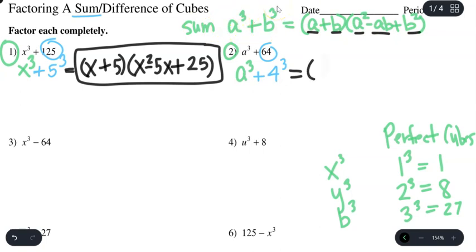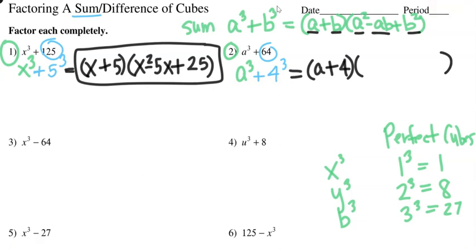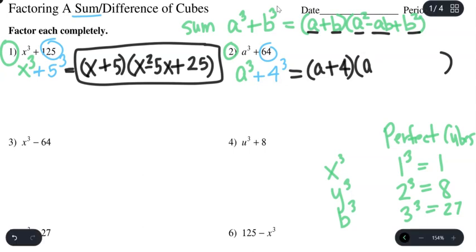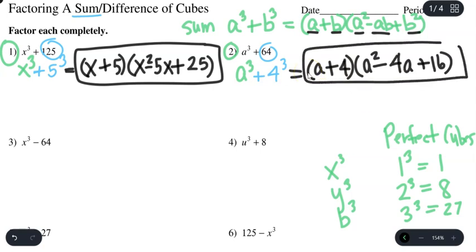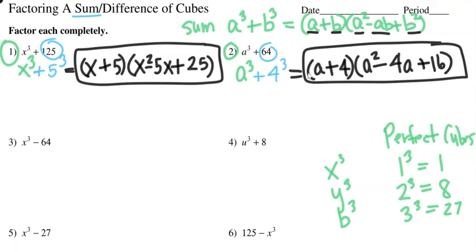So my first factor is going to be my two cube roots, which are a and 4, added together. And then my trinomial factor, because each of these has a binomial and trinomial, is going to be my first cube root squared, which is just a squared. My second one is going to be my second cube root squared. 4 times 4 is 16. And the middle term is the product of your two cube roots, which is going to be 4a. And you are finished. So that's how you do the sum of two cubes.